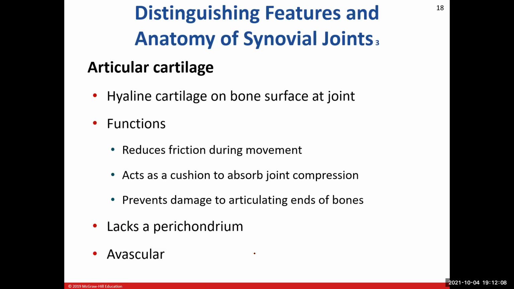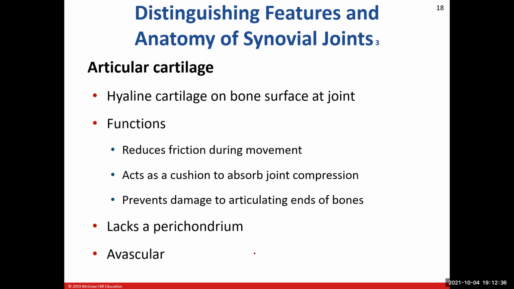All right, speaking of the articular cartilage, we've seen this before. Articular cartilage is hyaline cartilage. It's going to be on the bone surface because it helps to protect the bone. It helps to decrease friction, and it helps to act as a shock absorber. Interesting fact, though, because we learned in chapter 5 that both elastic cartilage and hyaline cartilage have perichondrium.